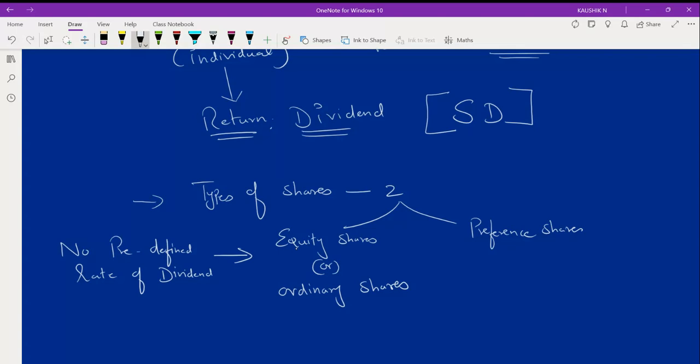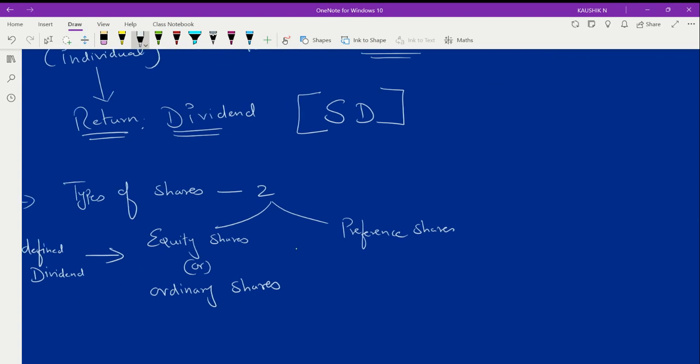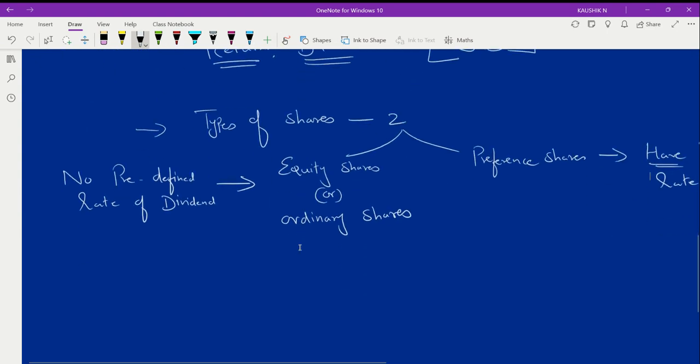So equity shares or the ordinary shares will not have any predefined rate of dividend, whereas the preference shares have a predefined rate of dividend. So here you have it, but there you don't have it. Am I making sense to you? And am I clear to you?